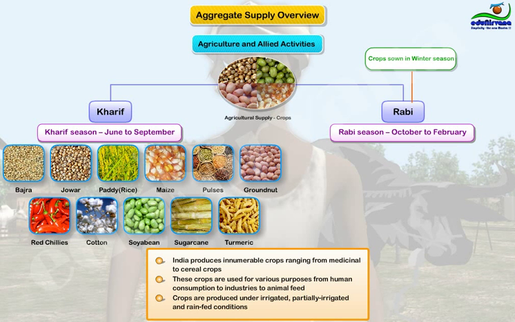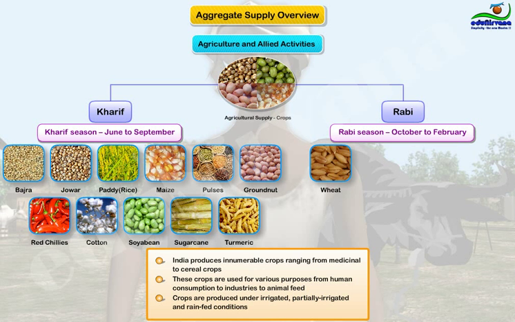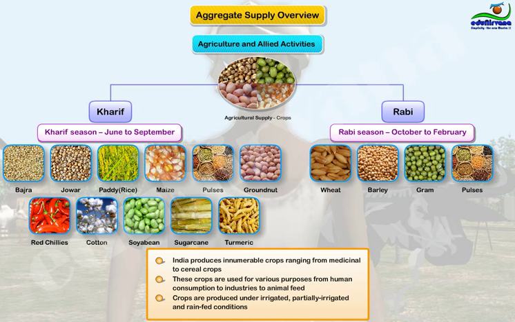The crops that are sown in the winter season are called Rabi crops. Rabi crops are generally sown between October to February and harvested by June. The most important Rabi crop is wheat, and other crops are barley, gram, pulses, linseed, and mustard.